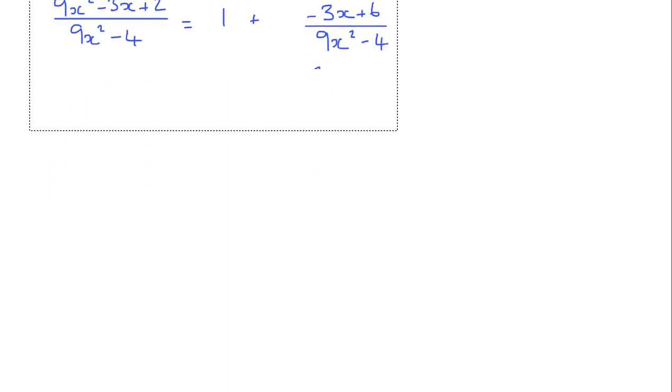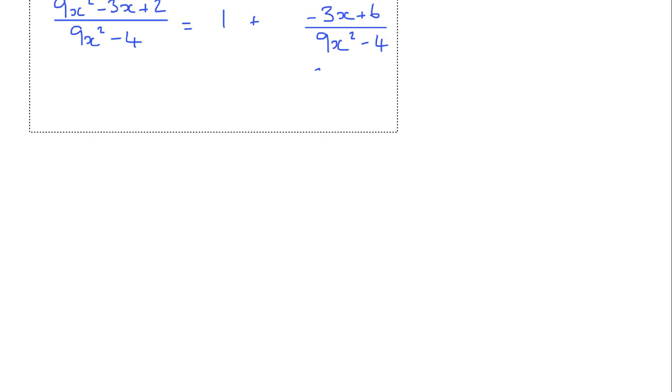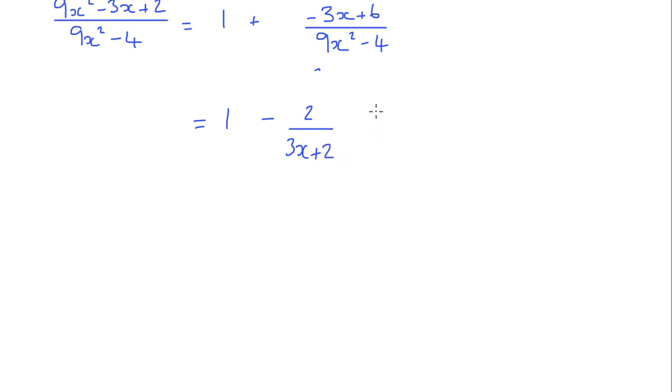Okay, so we've got now then that this is equal to 1 minus 2 over 3x plus 2 plus 2 over 3x minus 2.